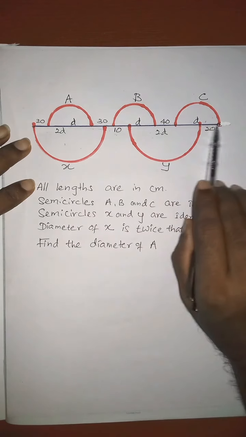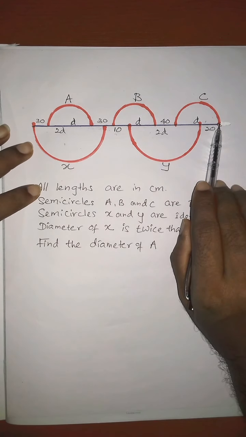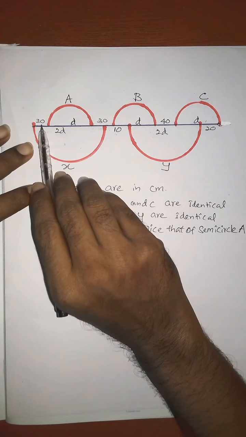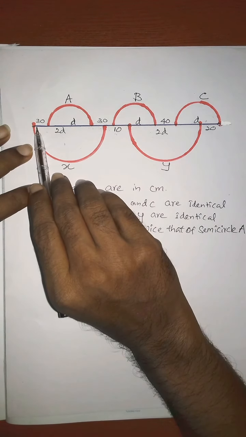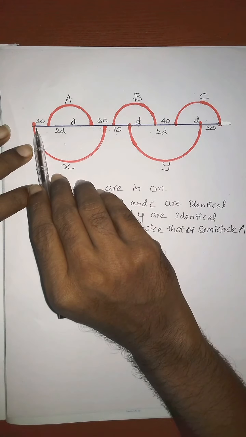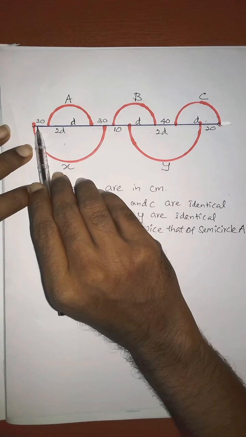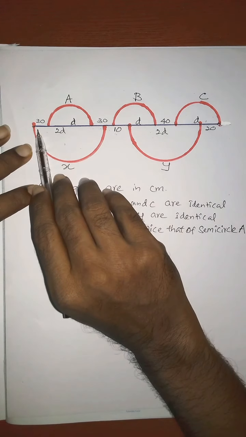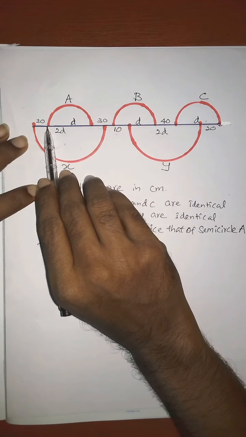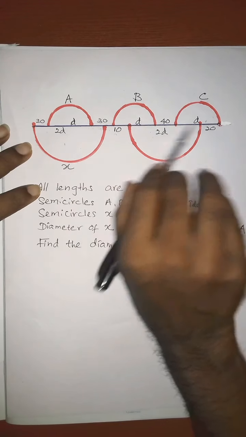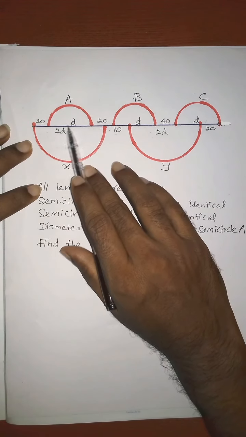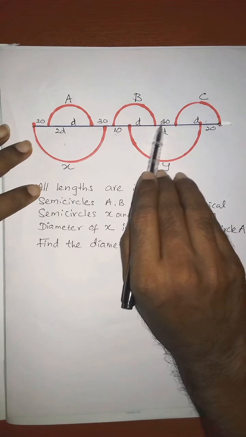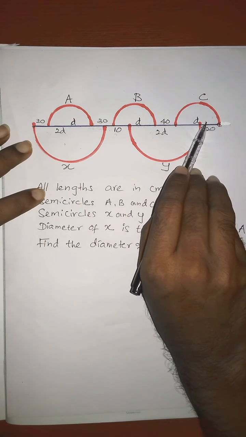Now this is a straight line. Some lengths of the straight line are given in figures, and some lengths are in letter terms.